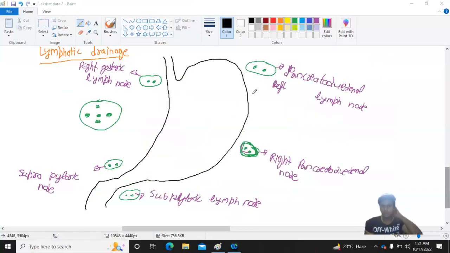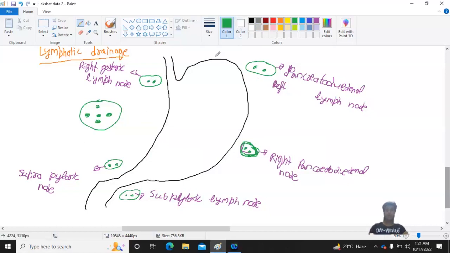So how the lymph flows from one duct to another duct, we will cover this. The direction of lymph flow is like this. All lymph nodes indirectly or directly drain into the celiac lymph node.